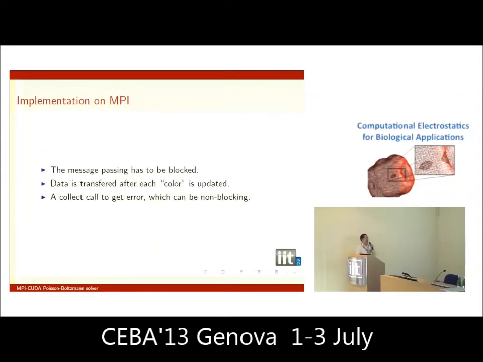So the message passing has to be blocked, because if you're doing first the red points, then the green points, in that order, you need the green points information to do the next ones. So you have to wait for the message passing.